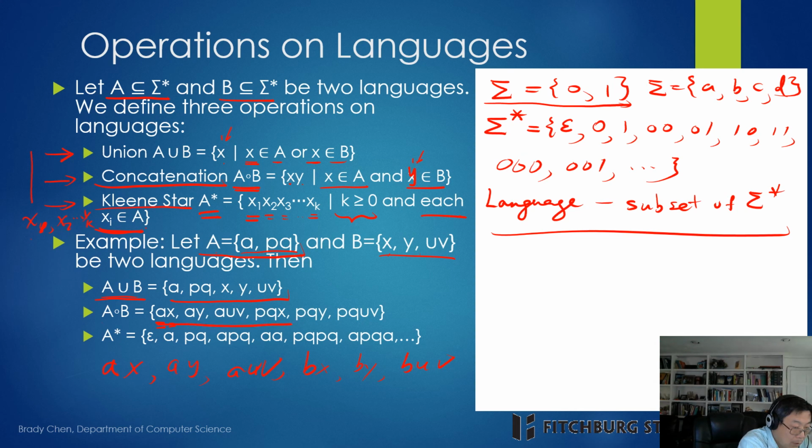So there are a total of 6 elements in the concatenation of A and B.